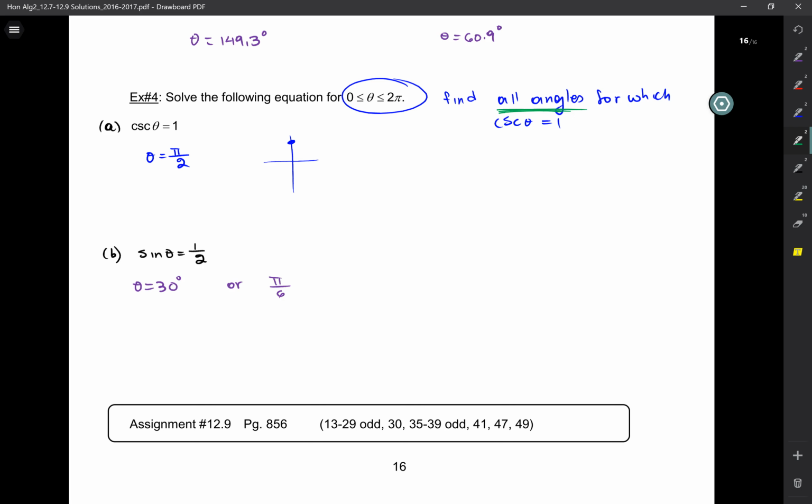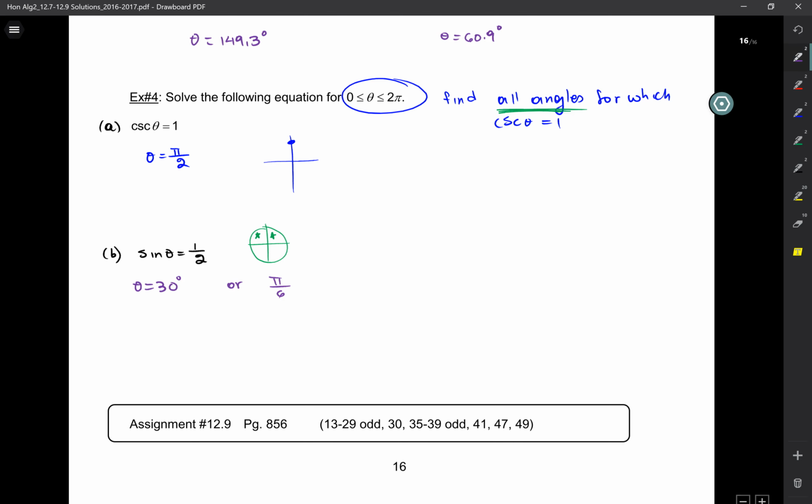Is there another quadrant where sine is positive? Sine is positive here and here. Now, what would be the equivalent of 30 degrees in the second quadrant?